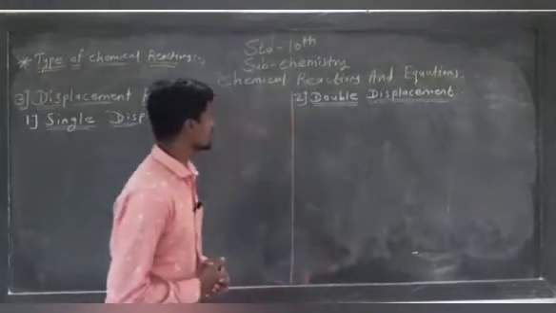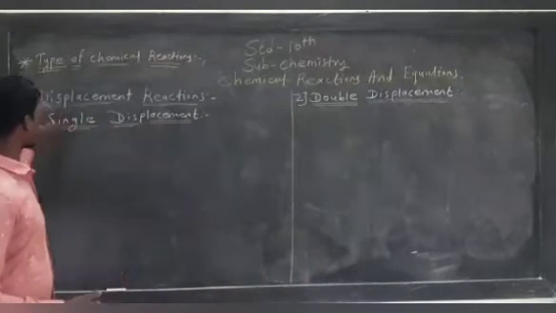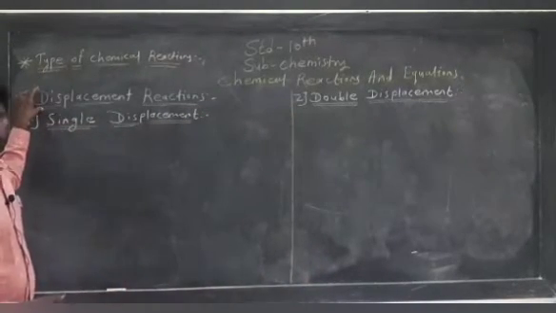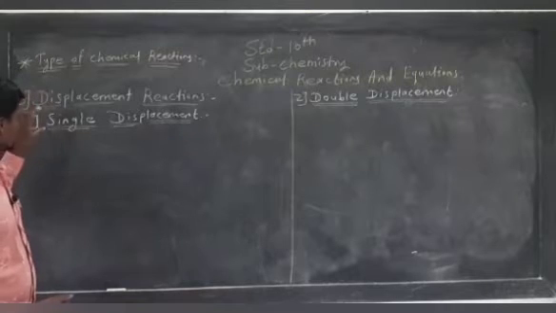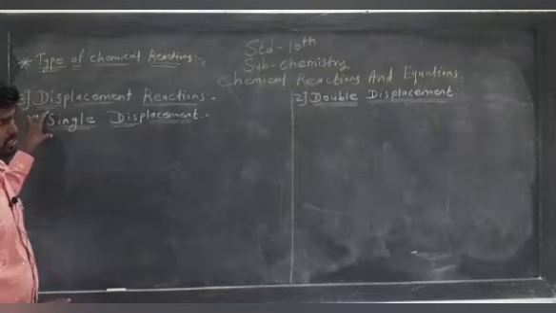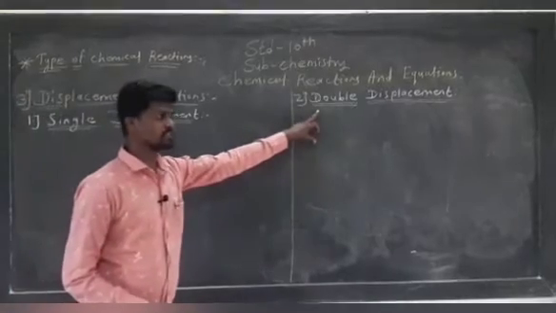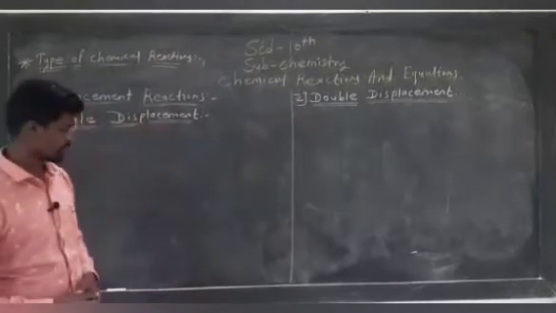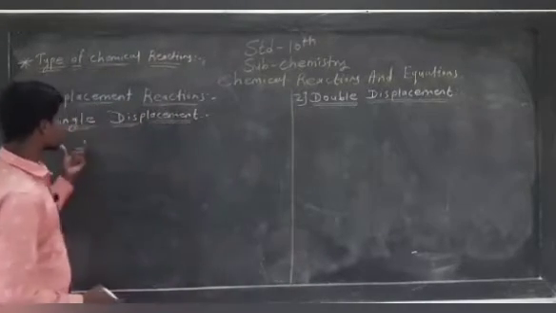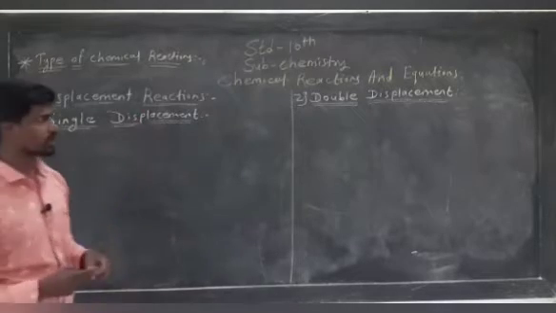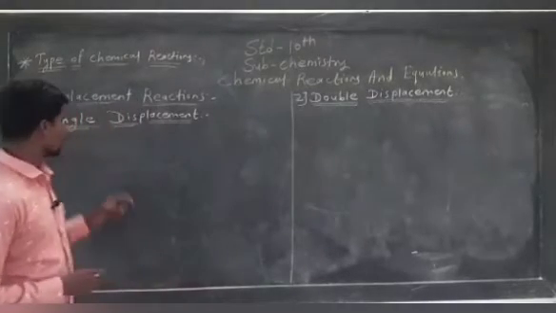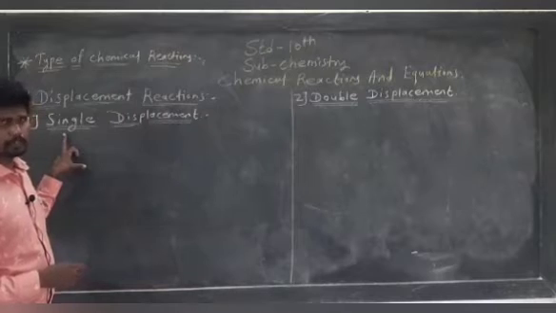Okay, then the third type of chemical reaction is the displacement reaction. That is, one is single displacement reaction and the second is double displacement reaction. So what do you mean by single displacement reaction and double displacement reaction? First see the meaning of single displacement reaction.